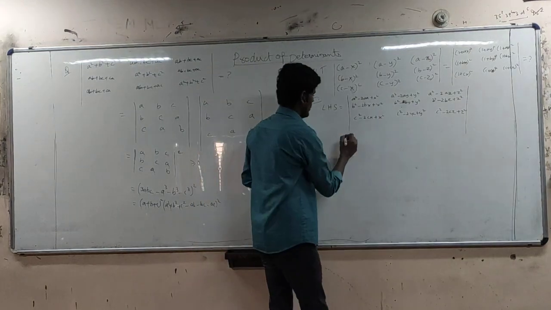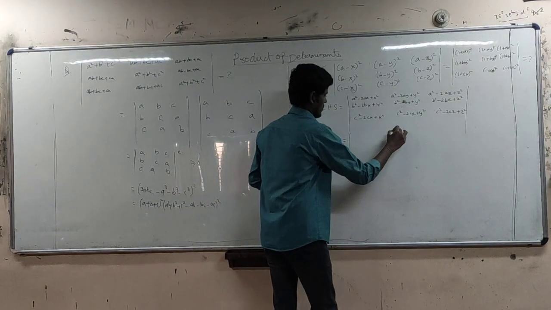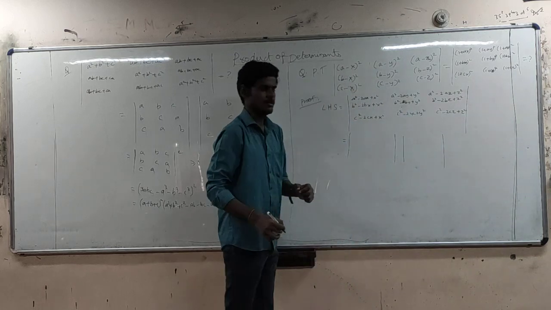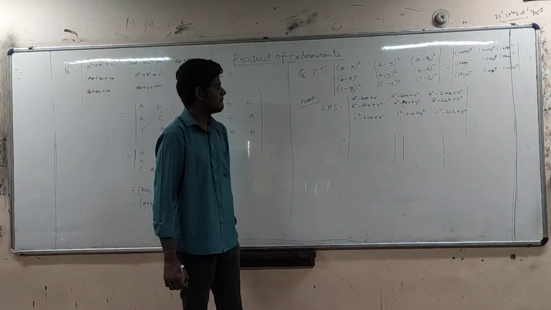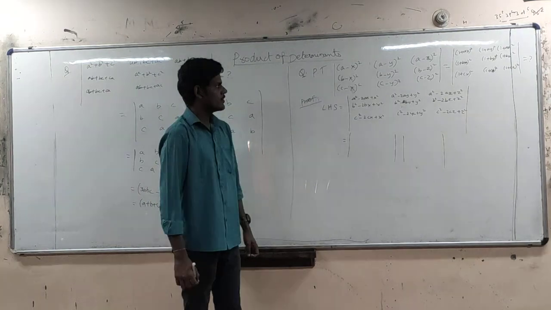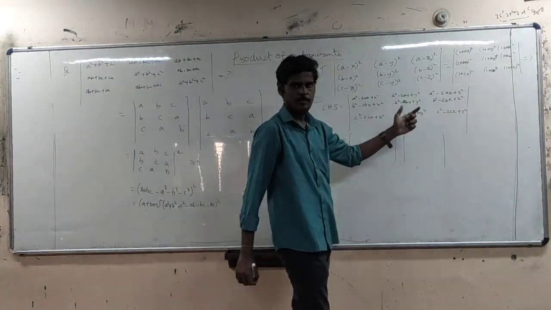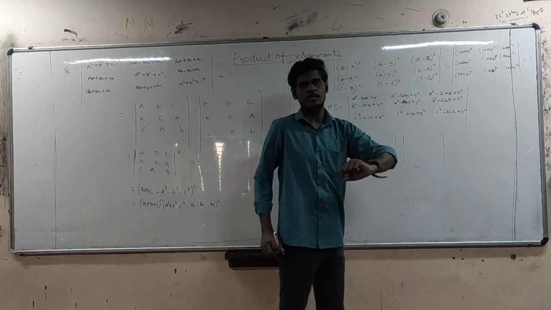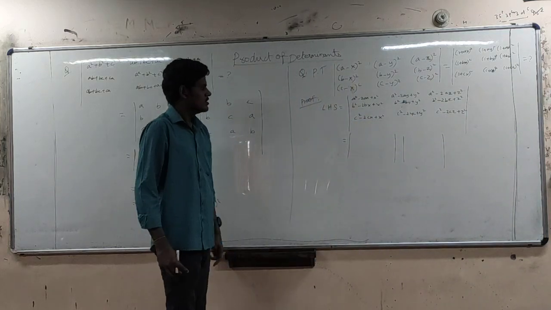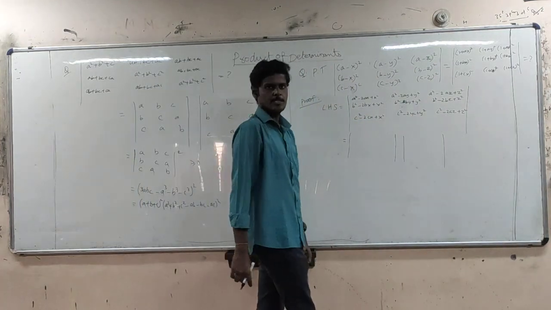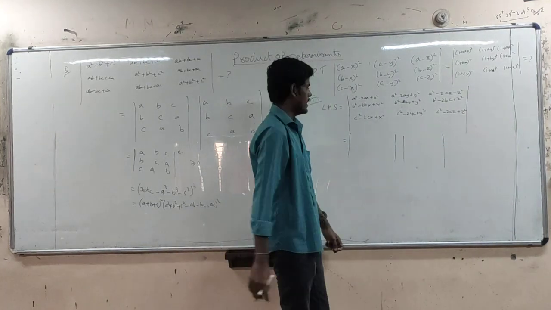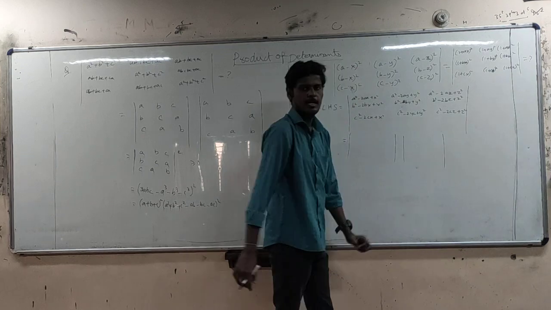Okay, now I am going to write this as a product of two determinants. Here we have variables as a, b, c, x, y, z. So for symmetry, I am going to write a, b, c in one determinant and x, y, z in the other determinant.